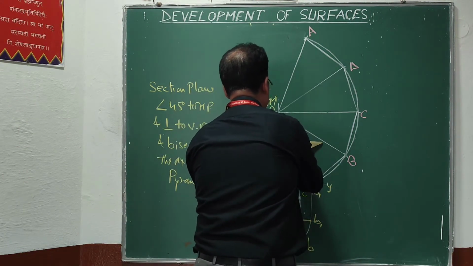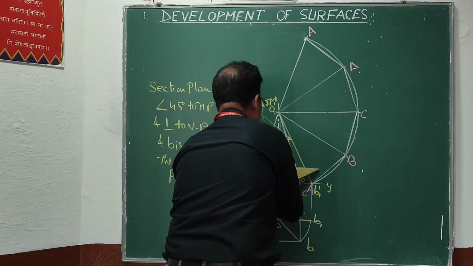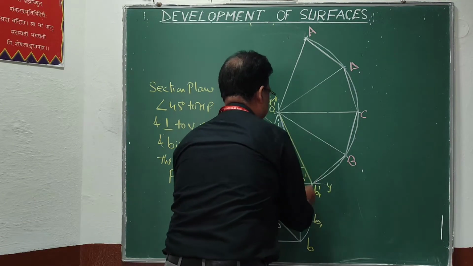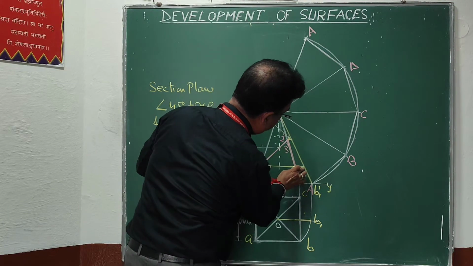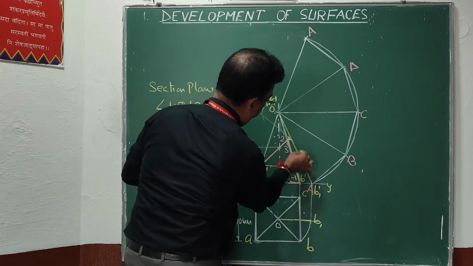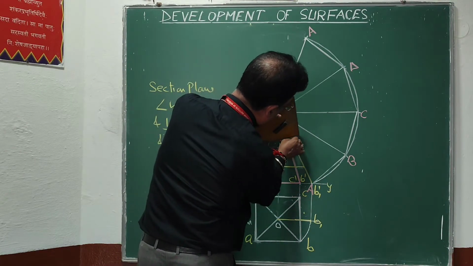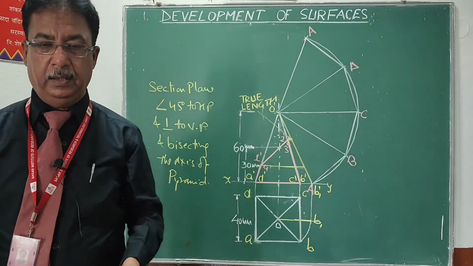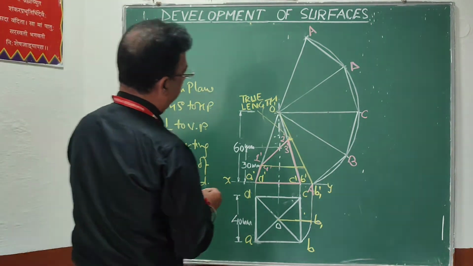So I am going to shift from these points parallel to the base onto this line, like this. Now this distance will be the true distance of 1, 4, and this distance will be the true distance of 2 and 3.